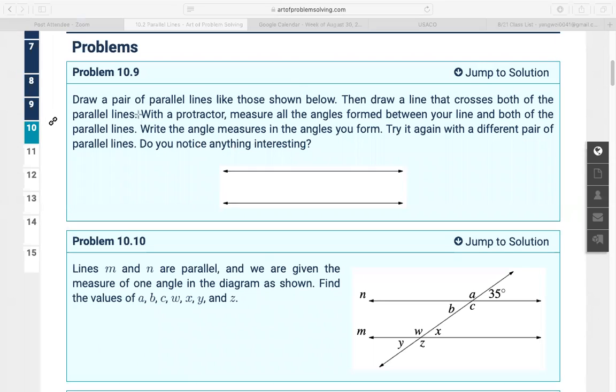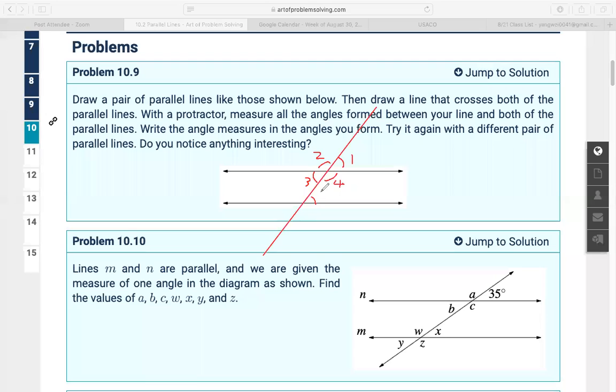Say you already have a pair of two parallel lines here, right? Then they ask you to draw a line that crosses both. So suppose you draw another line crossing both of these two parallel lines. Then you can use your protractor to measure all the angles you get. Actually, you get 8 angles here, right? Suppose I mark this one as angle 1, this one angle 2, this one angle 3, this one angle 4.